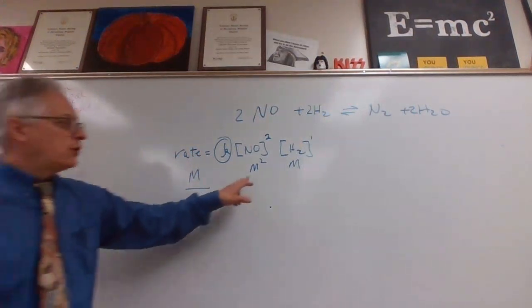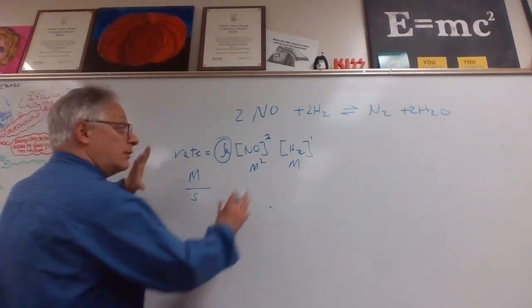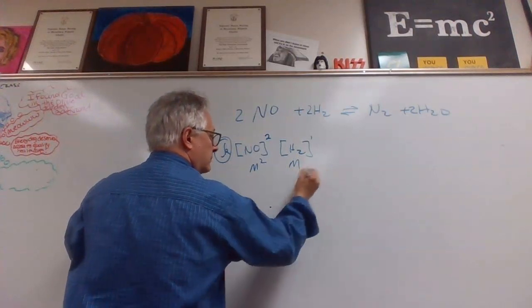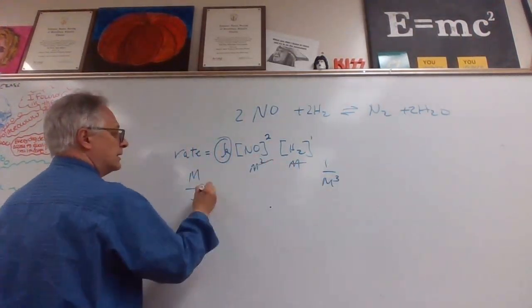On this side, I have molarity cubed, so I want to get rid of the molarity cubed. So I multiply both sides by 1 over molarity cubed. That'll get rid of those units.